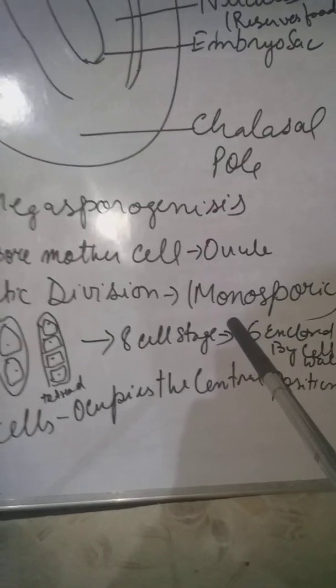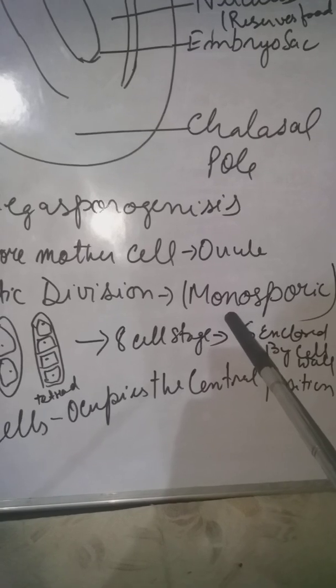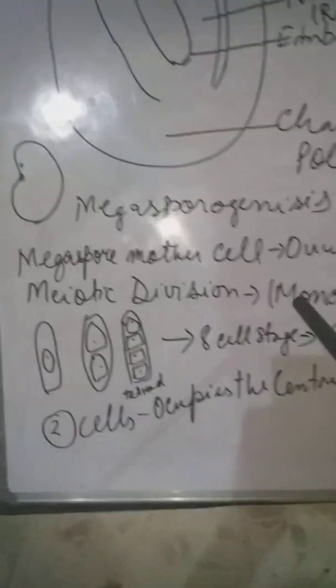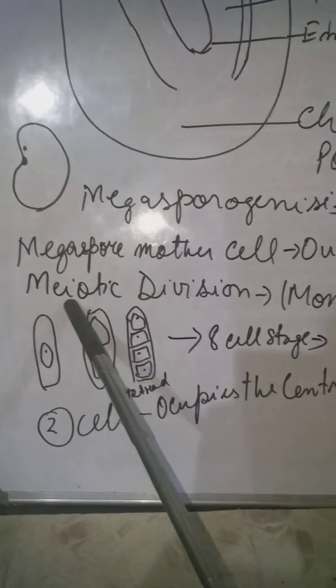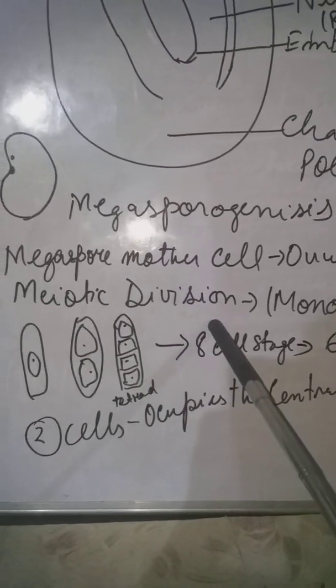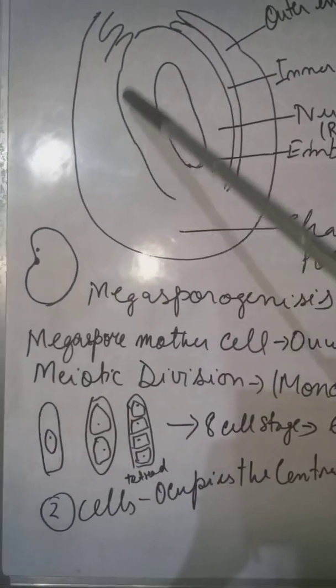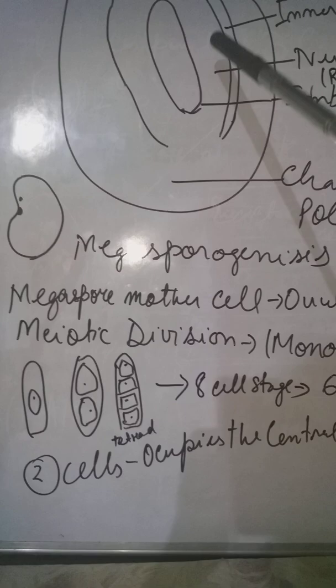Why monosporic? Because only one spore is capable of fertilization. Now what is the division that takes place here? It is the meiotic division, undergone by the nucellus, the reserve cells.